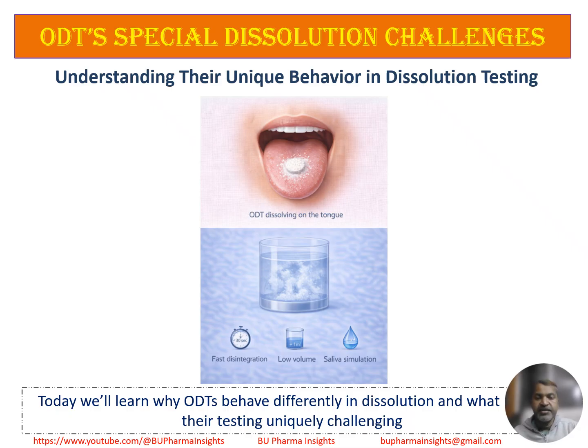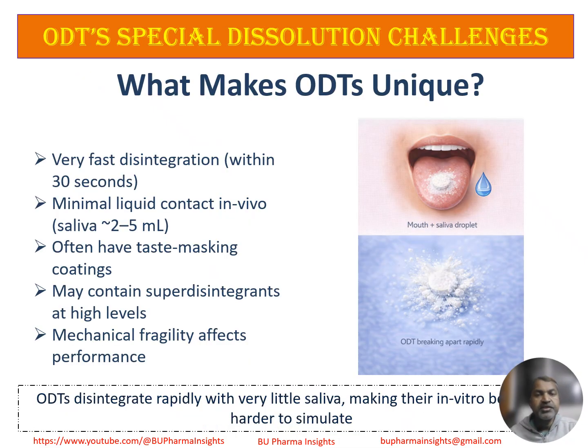ODTs require a different testing mindset because patient experience starts in the mouth, not in the stomach. ODTs must respond instantly to moisture, yet remain stable during manufacturing and packaging. That balance is challenging.